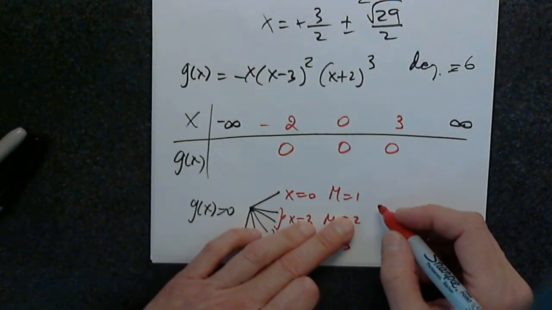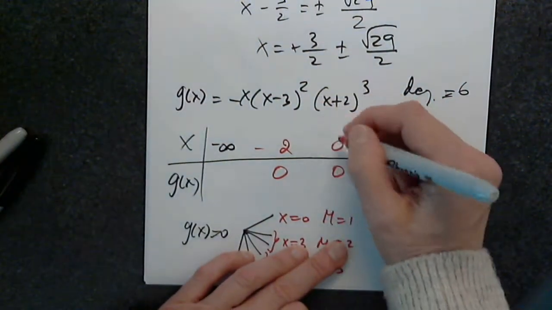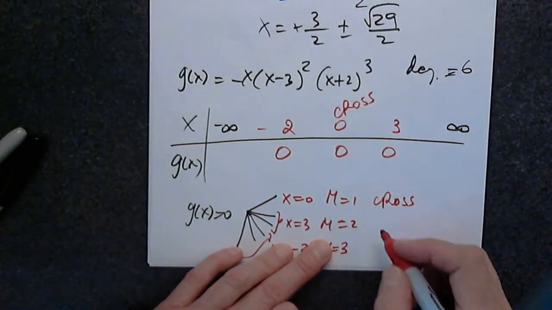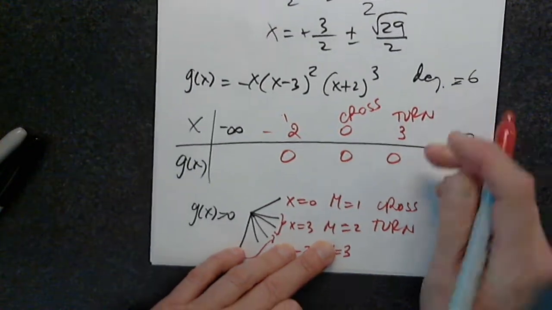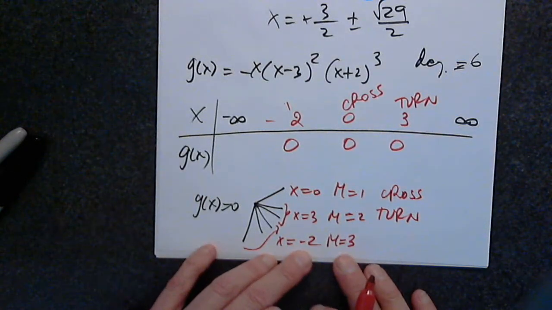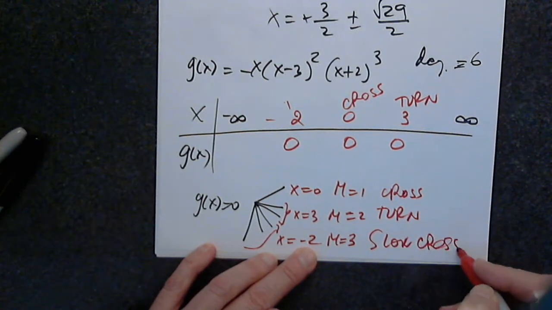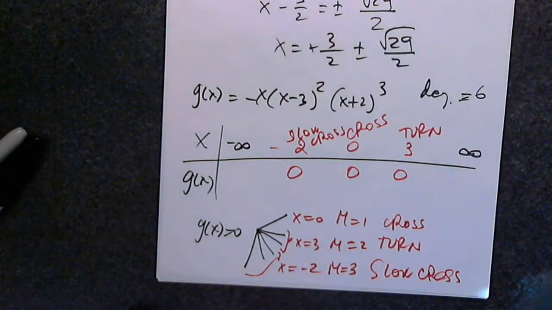Multiplicity 1 means a cross. Multiplicity 2 means a turn. Very good. And multiplicity 3 means a cross, but slow.